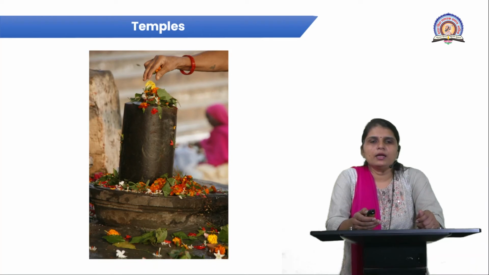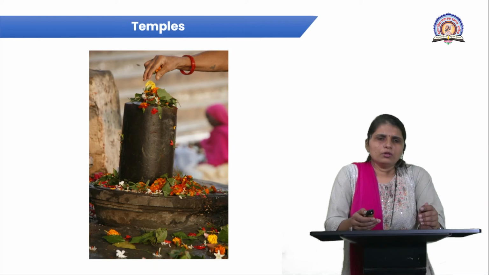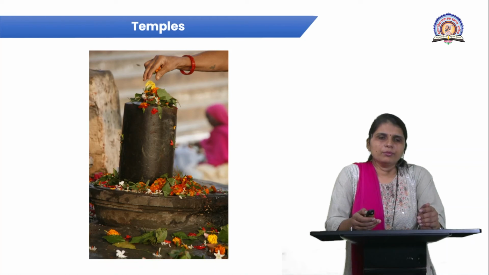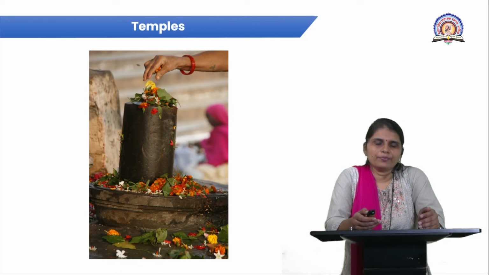Many more gods are associated with plants because those plants are very useful for human life and for the production of medicine. That's why a particular plant is linked to a particular god.